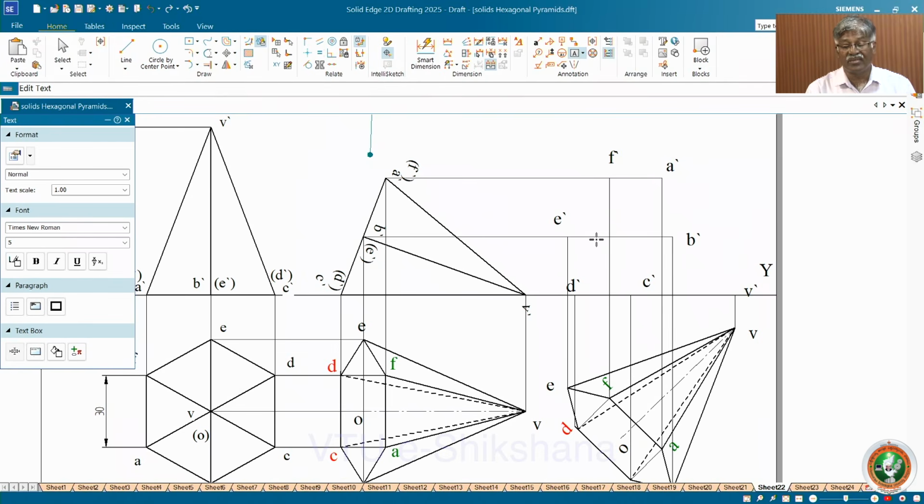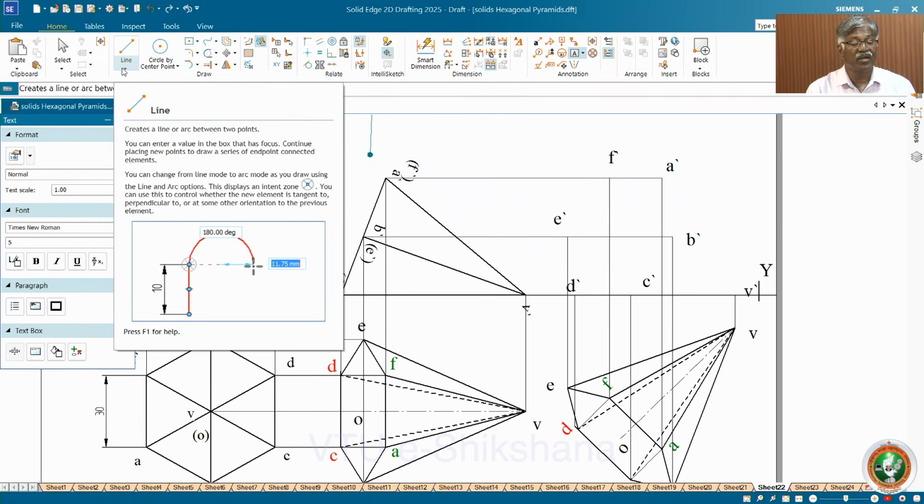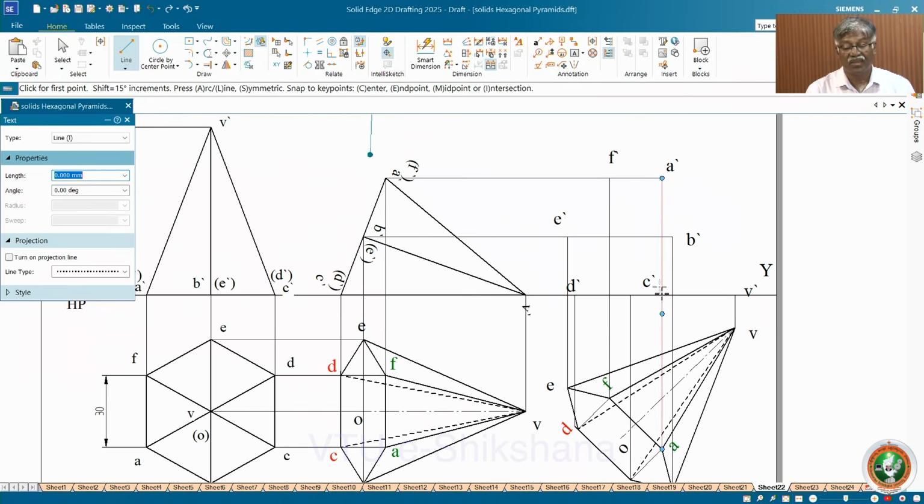Join all corners of the base with V. Before that, let me join all corners. Starting from A, seeking an end point reference is always good. Otherwise, you will get the midpoint of some other line. So always look for an end point reference.